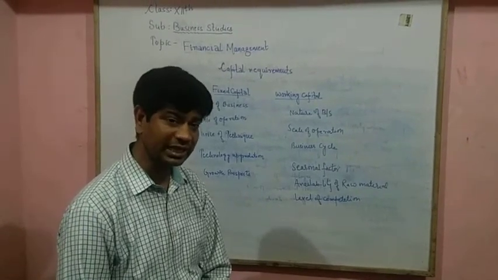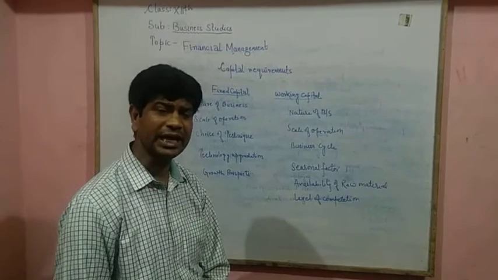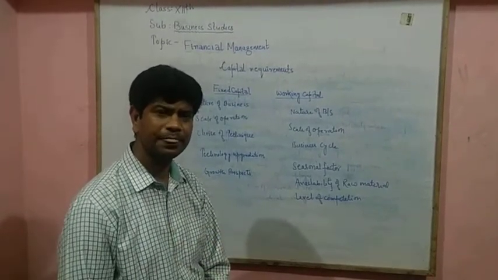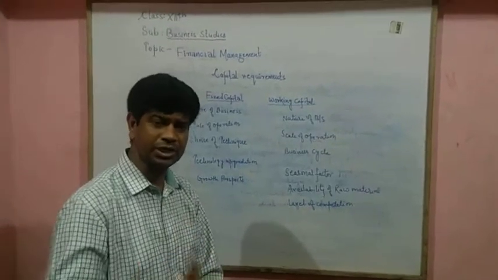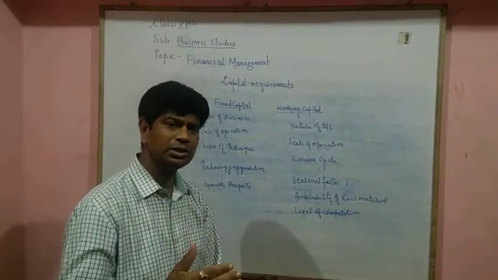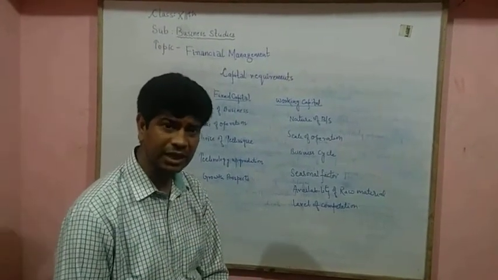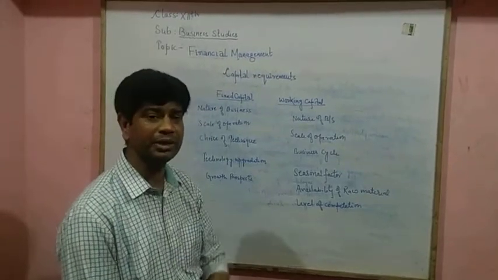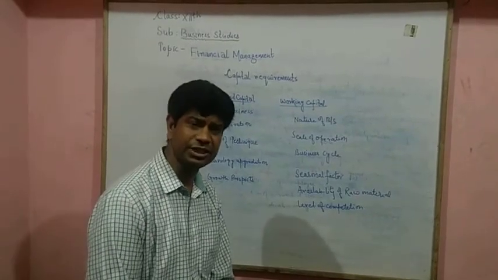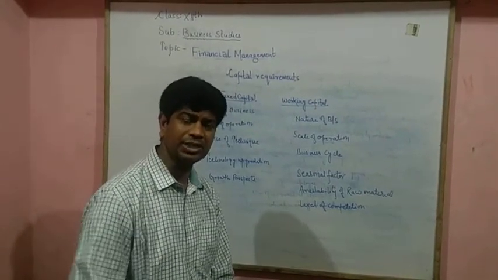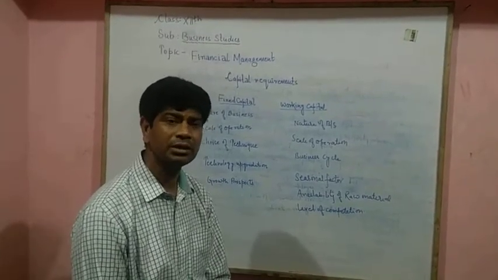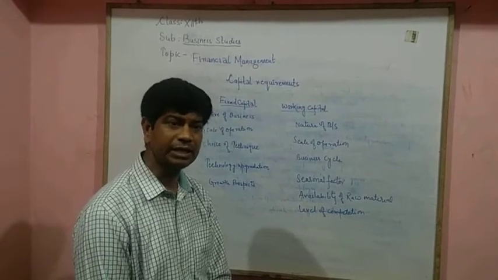But if the activities are like processing, analysis, synthesis, manufacturing, where the production requires many steps, there the fixed capital is more. And in industrial activities where larger production takes place, where huge machineries are being purchased, there investment is more.